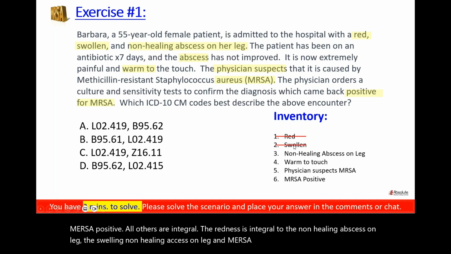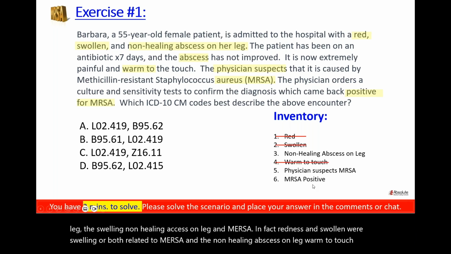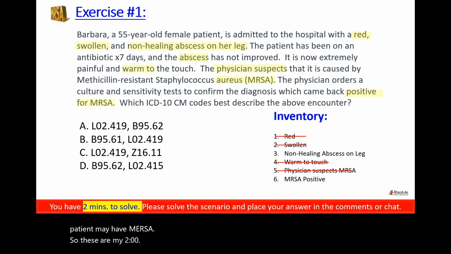In fact, redness and swollen or swelling are both related to MRSA and the non-healing abscess on leg. Warm to touch, related to both, and the physician suspecting MRSA is an indication that the patient may have MRSA. So these are my two diagnoses.